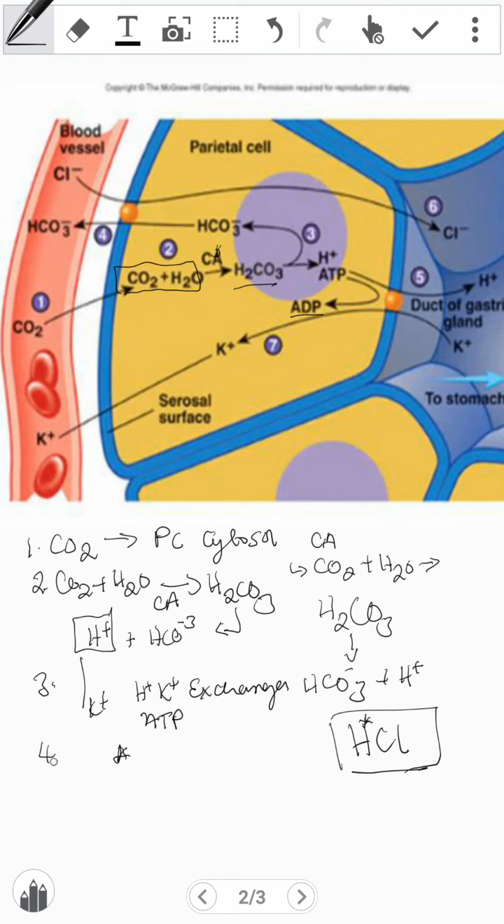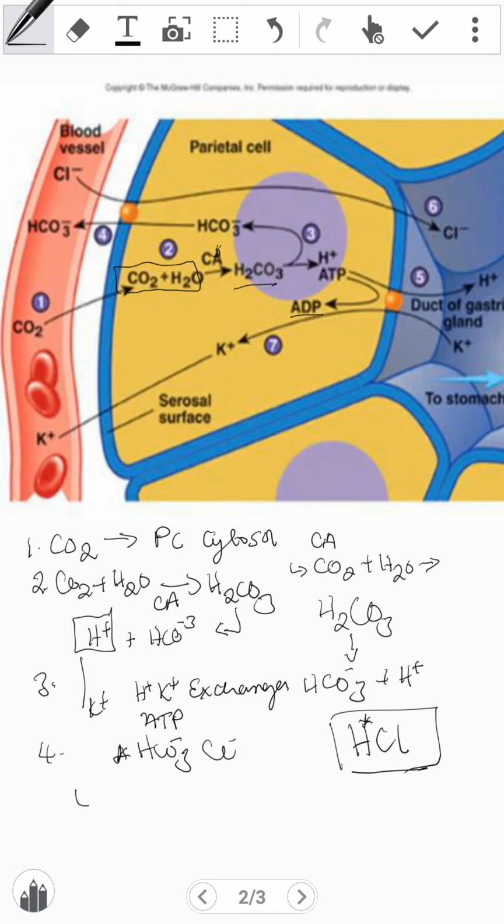What happens to the bicarbonate? The bicarbonate is also exchanged for chloride ions. So it will go into the blood vessel, and it will be exchanged for chloride ions.